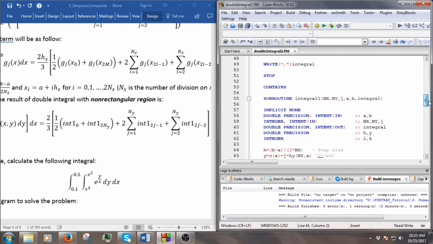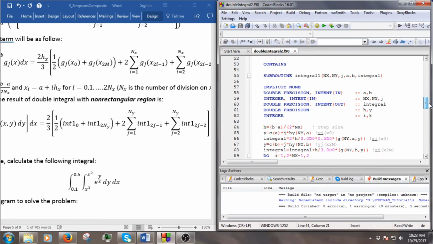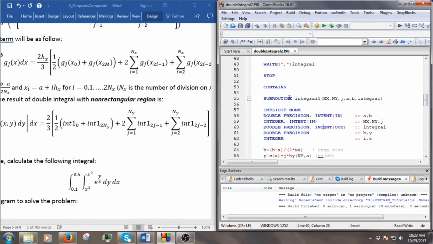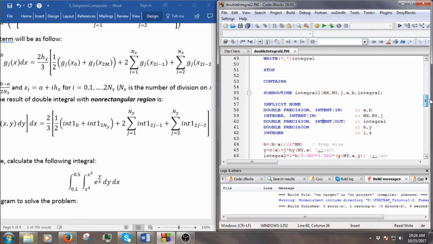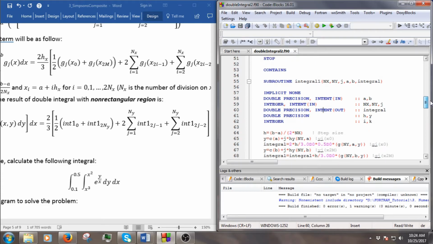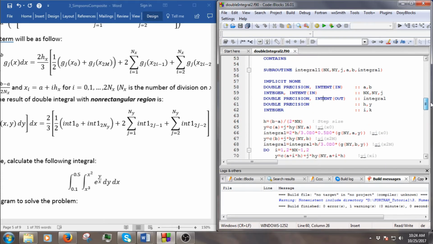And we can go to the subroutine integral 1. Remember, this subroutine is a bit different from the subroutine we have in the rectangular region, because we introduce y as a function of c. c itself is a function of x.